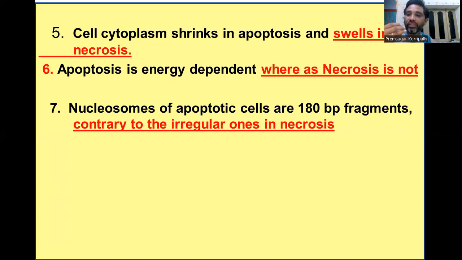So when you run a gel of DNA isolated from apoptotic cells, you can see a ladder pattern. Bigger fragments are at the top and the small fragments are lower. But in necrosis, you can't see that pattern. DNA degradation is very randomized.